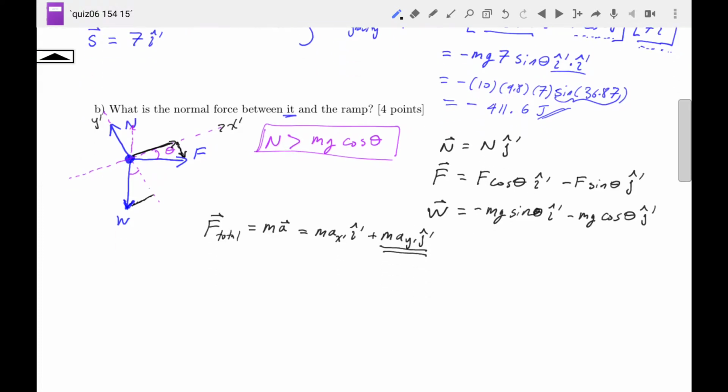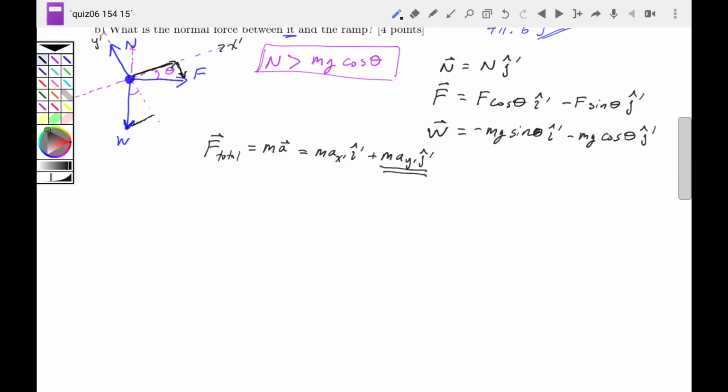That would be weird. So the y prime component of F total should be 0. So that's just a note. So let's add it up.